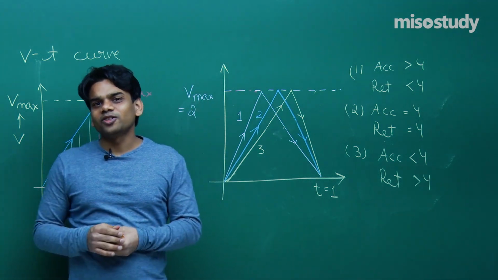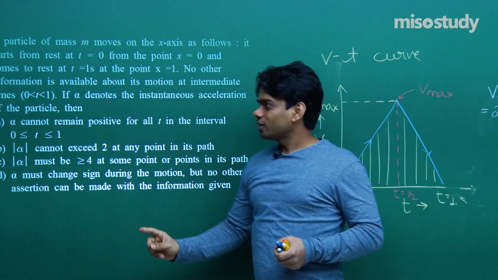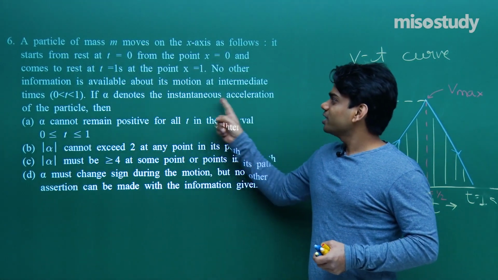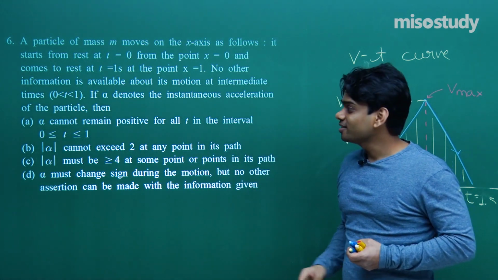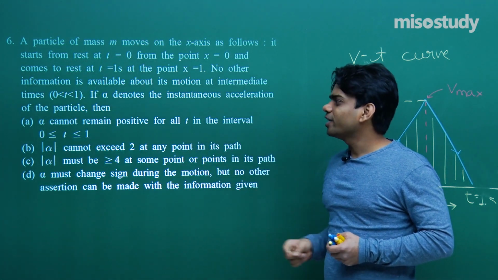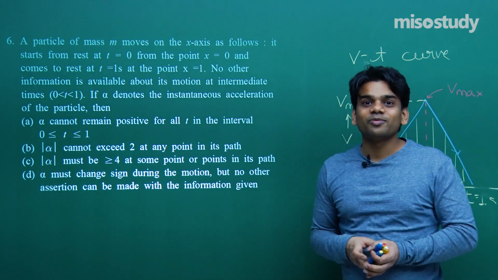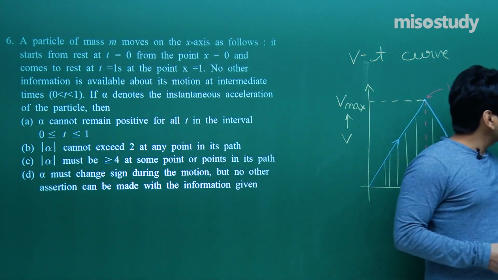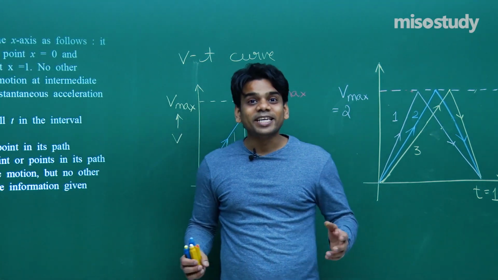Now let's talk about each of the options. We have to only talk about time t equals 0 to 1. If alpha denotes the instantaneous acceleration of the particle, now we have full idea about the acceleration. Option A: alpha cannot remain positive for all t in the interval 0 to 1. That's right, alpha cannot remain positive, because once it is positive, it has to become negative, since velocity has to decrease.